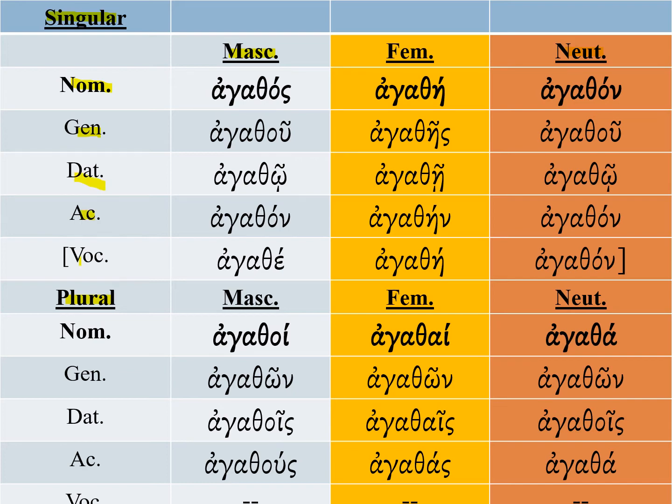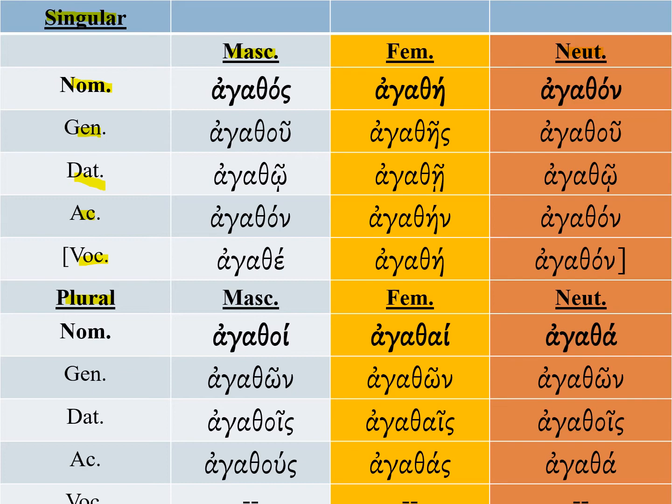We also have the vocative here, which we don't have to worry about at this point. So if you have learned the case endings of masculine, feminine, and neuter nouns, then you are well equipped to see how the adjectives use the same exact pattern as they conjugate.